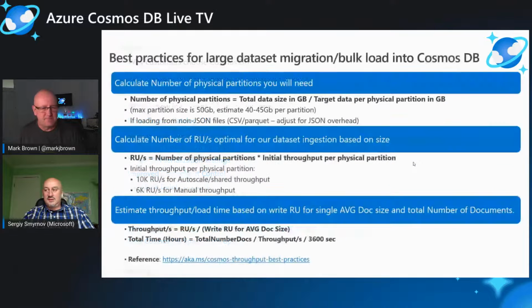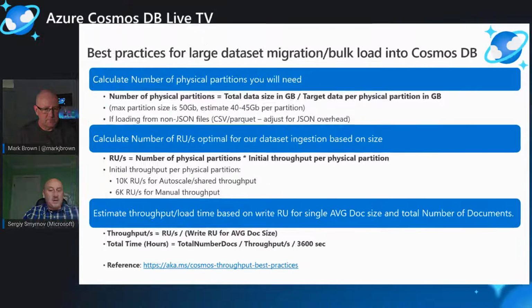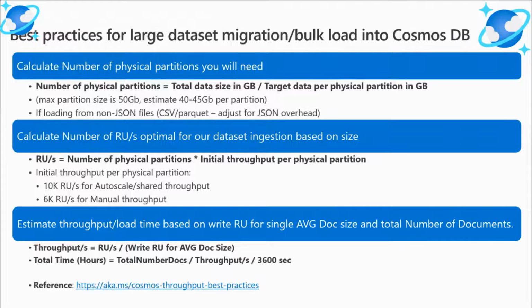Let's first look at the best practices for large data set migrations and bulk loads in general. As we all know, Cosmos DB is a distributed database, and the data distribution is based on physical partitions under the covers. We know that the max partition size right now is 50 gigabytes.